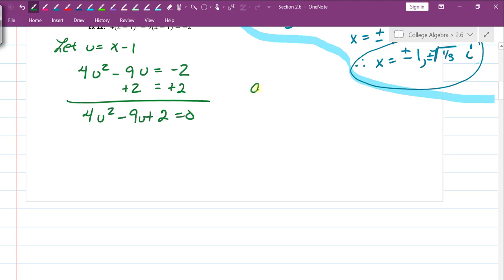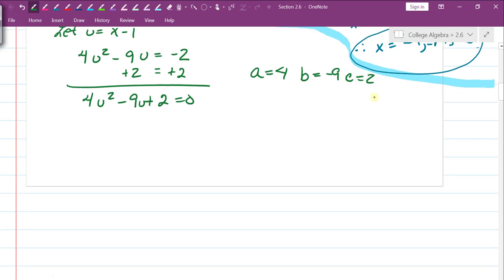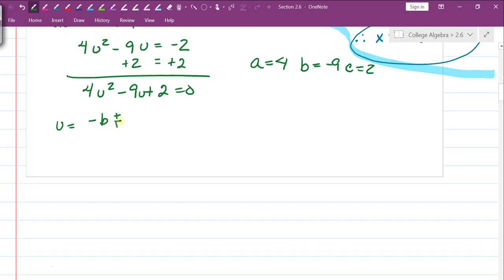So in this case, my a is equal to 4, my b is equal to -9, and my c is equal to 2. So I have u is equal to minus b, plus or minus the square root of b squared minus 4ac, and that whole thing is over 2a.